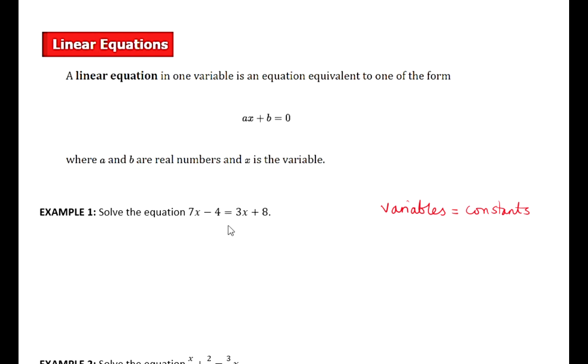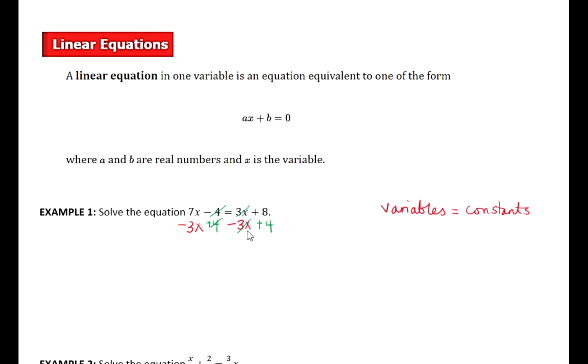Now, you can subtract 3x from both sides, because that will simply take this 3x to the left side. It will just disappear on the right side. And then the next thing, you want to move this 4 to the right side, so I add 4, just the opposite. Now the 4's will cancel, and the 3x's will cancel.